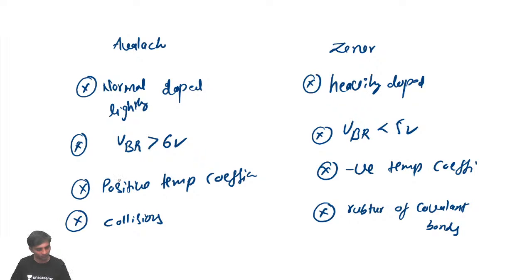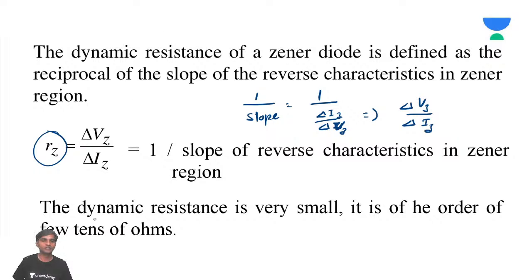Okay, so this is all about avalanche and Zener breakdown mechanisms. The dynamic resistance is very small, in the order of a few tens of ohms.